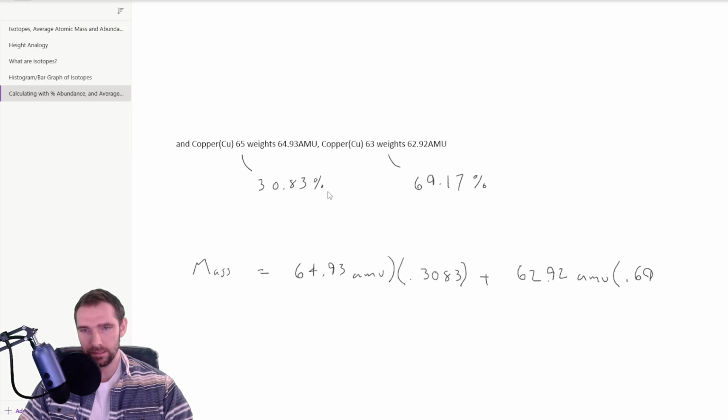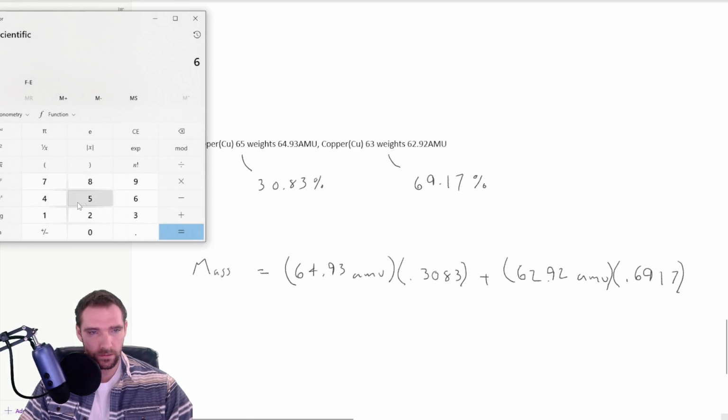That's a 6917. Okay. And so we can then do that math and solve for that. So if we get our 64.93 and we times that by 0.3083. What do we get?